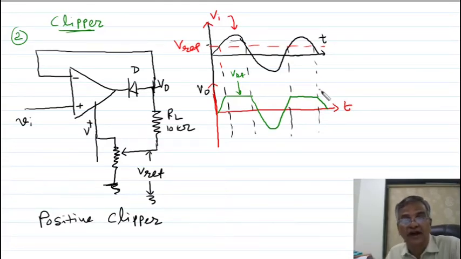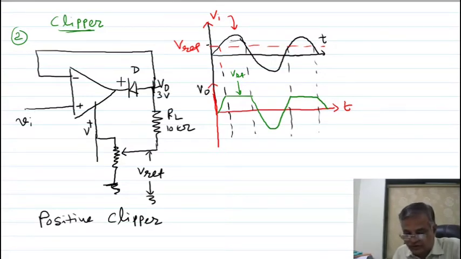Now let us see why this is happening. Let us discuss this. Suppose this reference voltage you have given is 3 volt. To explain, I am taking this. Then this is your voltage follower circuit, where VOA is nothing but VI.